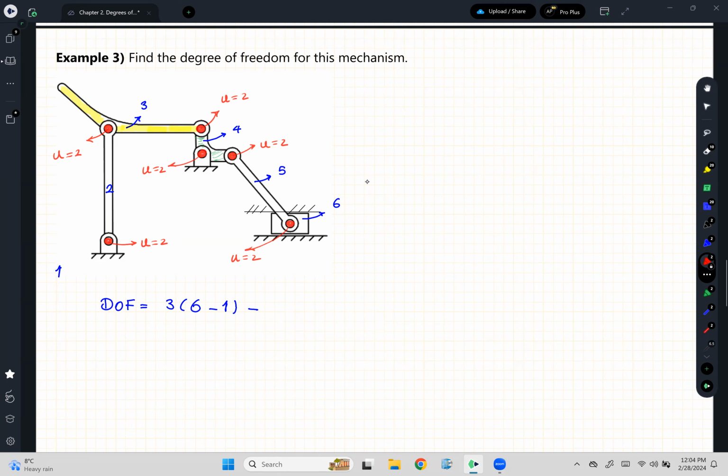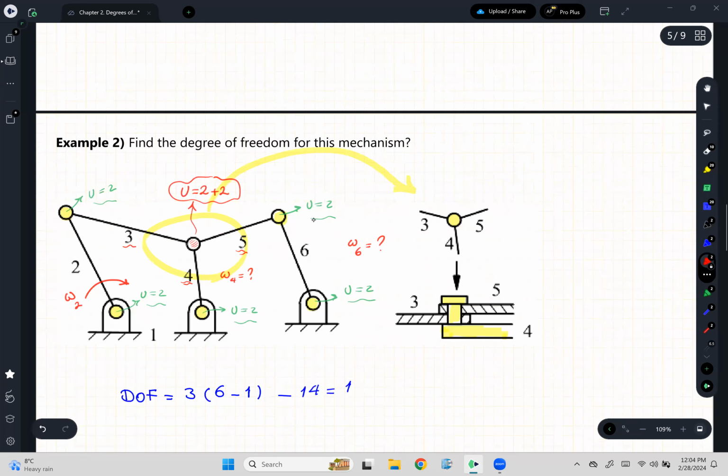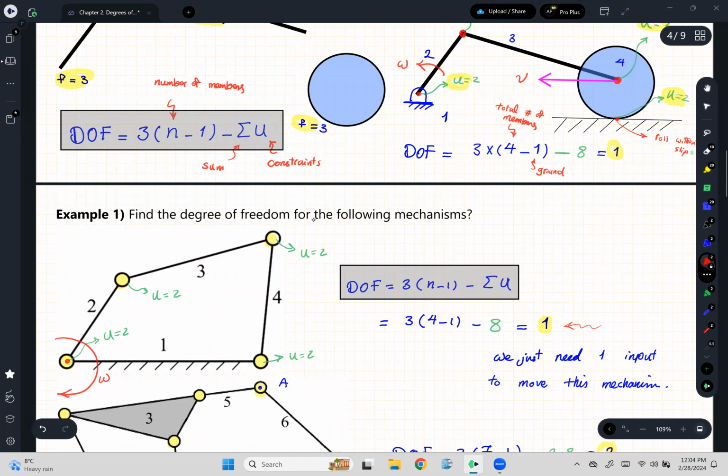All right. Now we should not forget, whenever we see a guide or rail, whatever you want to call it, that prevents this box from rotating or going up and down, it creates a constraint. Oh, I forgot, let's move back to slide number 1.